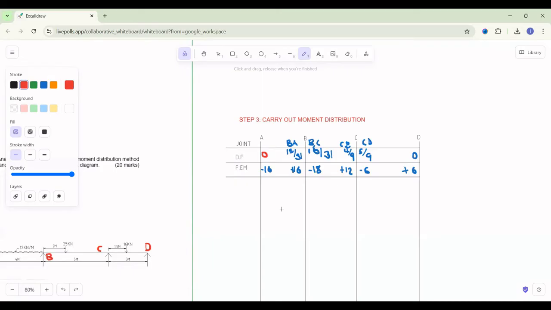So before you start distributing, A is pinned, and this also is a pin support.